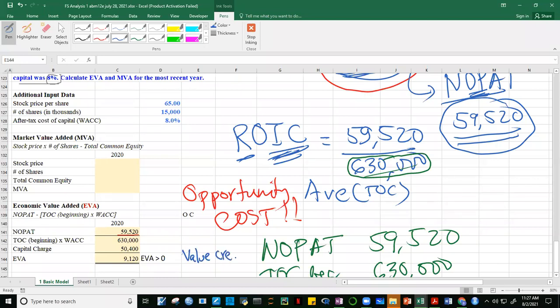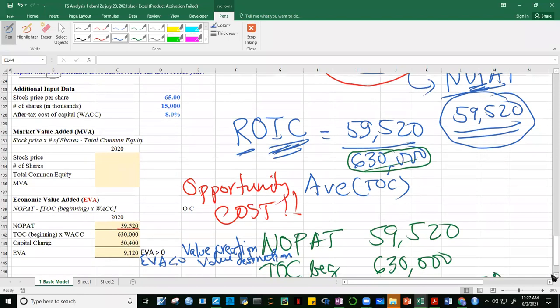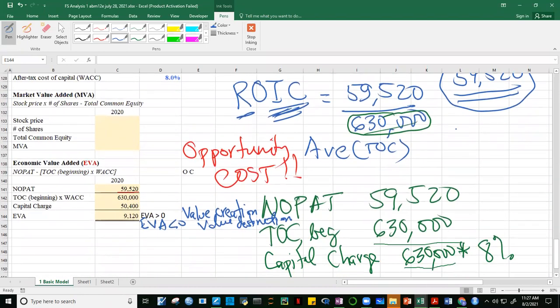So value was created. If EVA, on the other hand, is less than 0, then we have value destruction. Value was destroyed. Okay? So that's how we assess whether a company was able to perform well based on ROIC and EVA. As I mentioned a while ago, consistent yung ROIC at saka yung EVA. Okay?